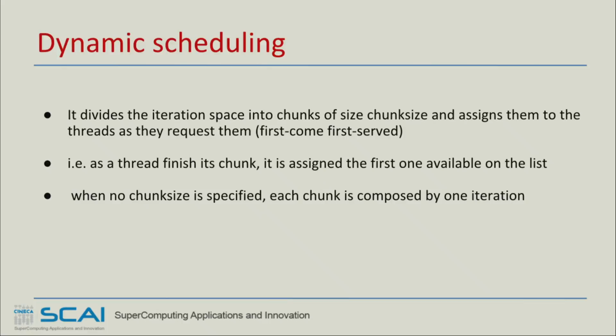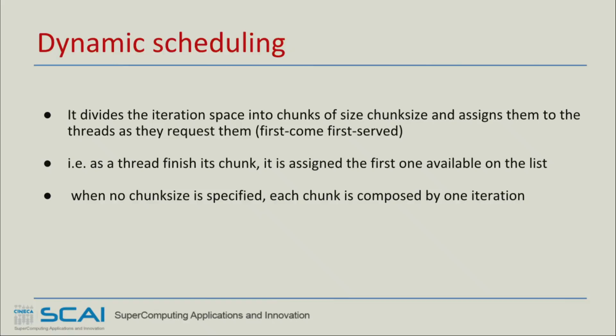There is another approach that is the dynamic scheduling. In this case, I divide my iterations in chunks of a given size, and I assign a chunk to a thread when it is ready to do some work. So I start just like in poker.